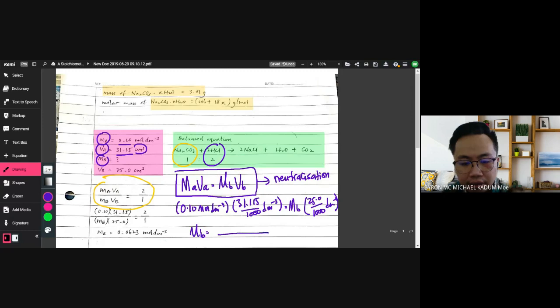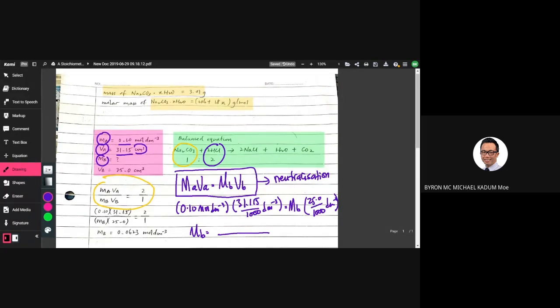So MB is how much? Anyone? Jangan dulu tinggal di tepi sini. Kita buat yang sini dulu satu-satu nih. Anyone can shout out the answer? 0.1246, I guess. 0.1246.